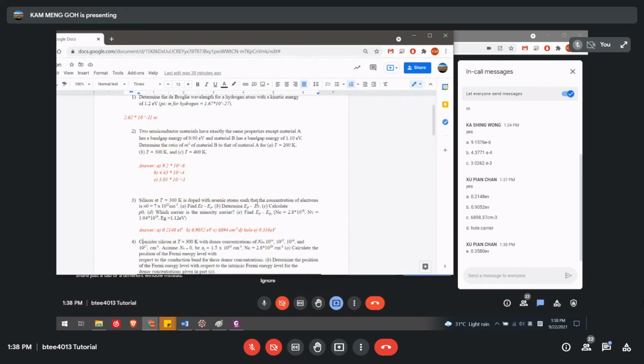Consider the silicon at T equals 300 K with the donor concentration of ND 10 to the power 14, 15, 16, and 17. Assume NA is equal to 0, and NI is 1.5 times 10 to the power 10. Calculate the position of the Fermi energy level with respect to the conduction band energy for this donor concentration. Okay, you are given the ND.